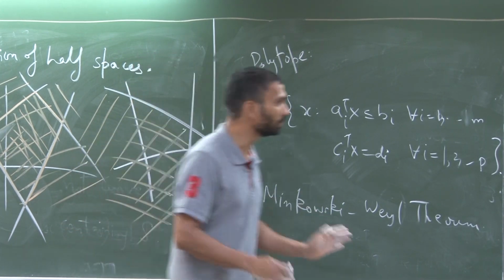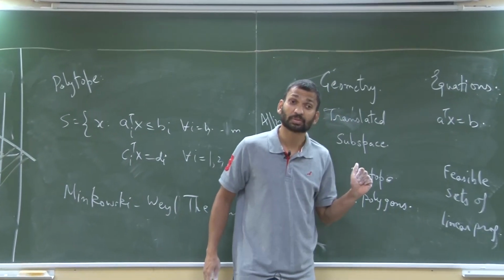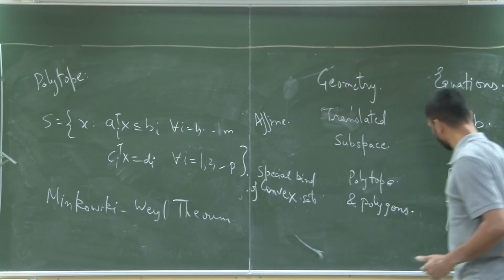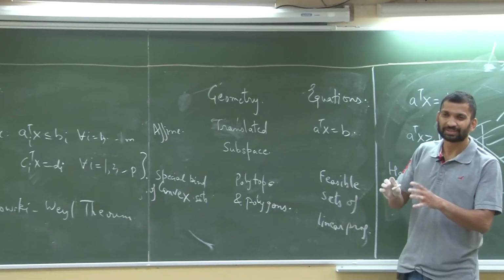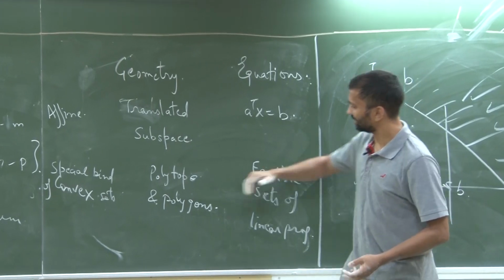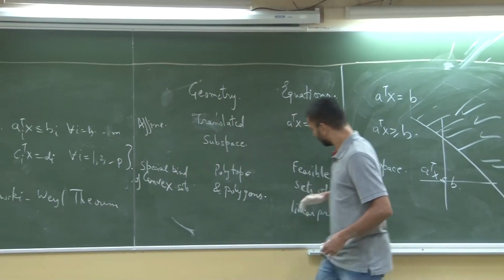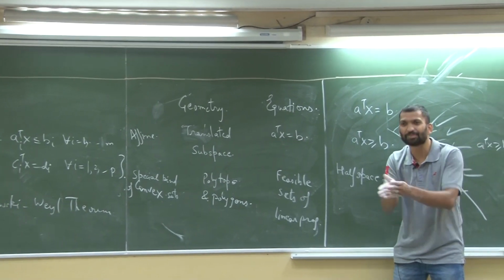But what we will remember is this dual picture. Oh, this is saying that these two definitions are the same. So okay, I have to be much more careful. This is going to be a polytope. This is how I define a polytope. This is going to be a convex hull of finite number of points with some rays.